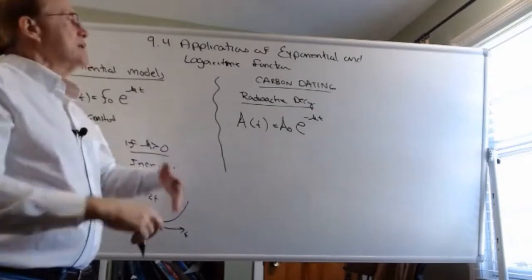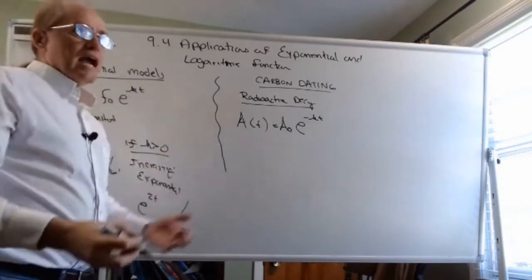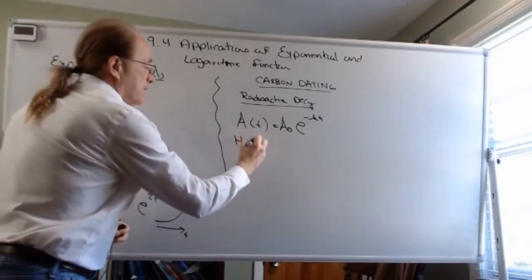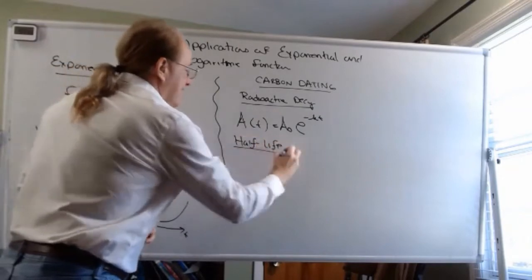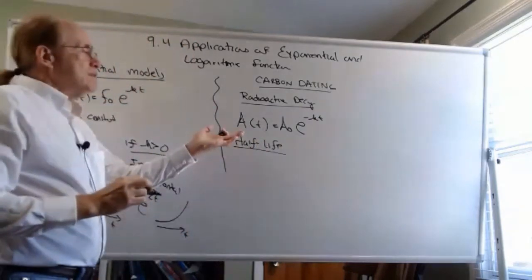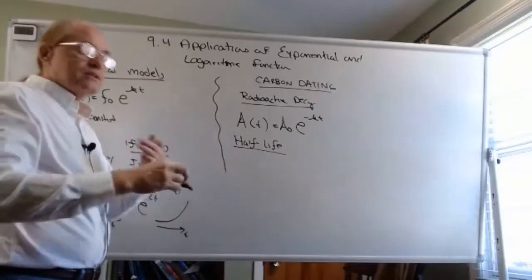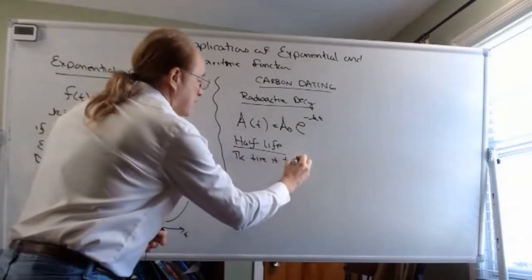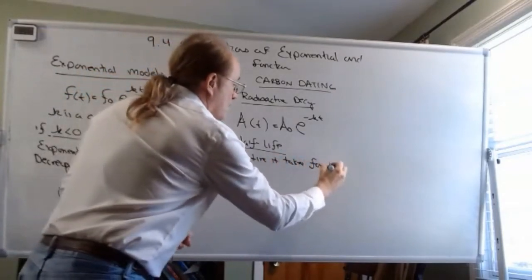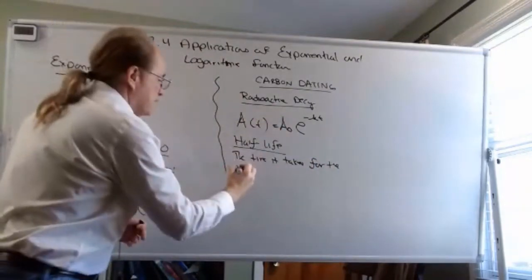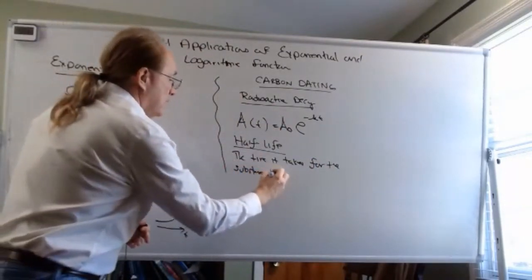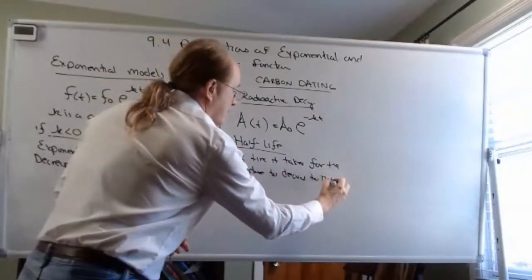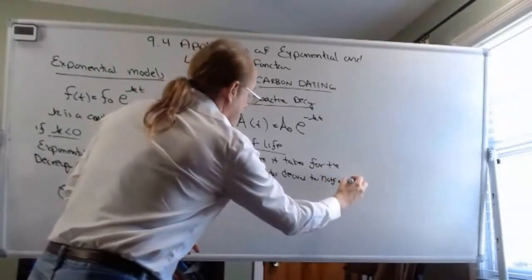Now, one of the key things, anytime something decays, be it radioactive or if it's absorbed in your body, is something called the half-life. A half-life is the time for the initial amount to go down to half of its initial amount. It's the time it takes for the substance, whatever you're monitoring, to decrease to half of its amount.